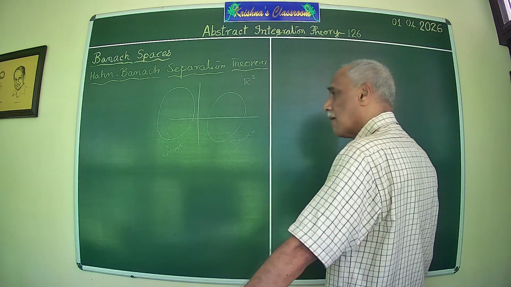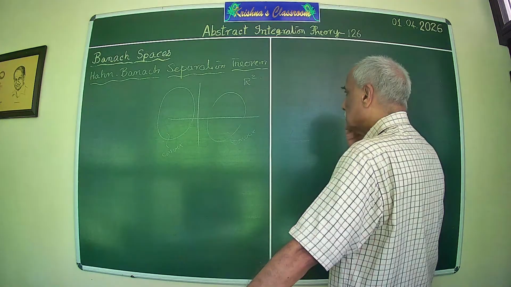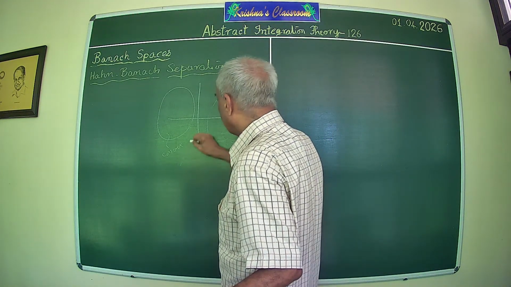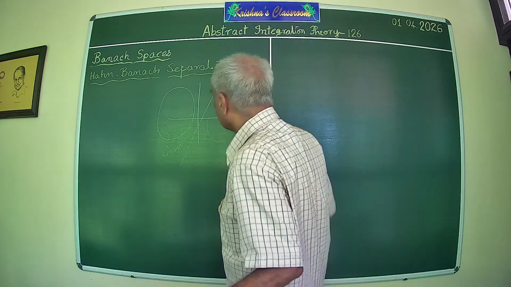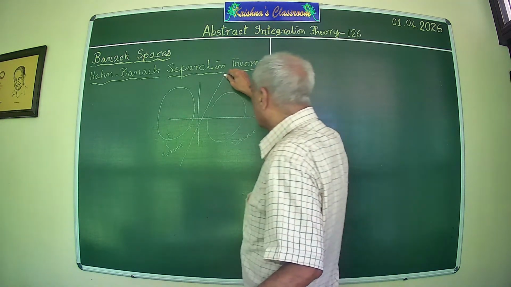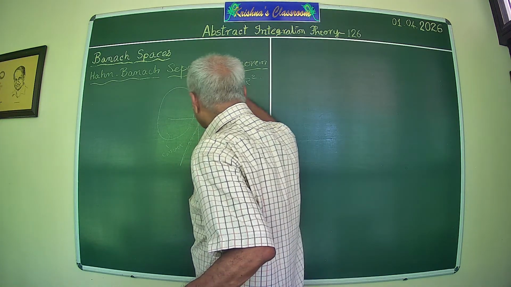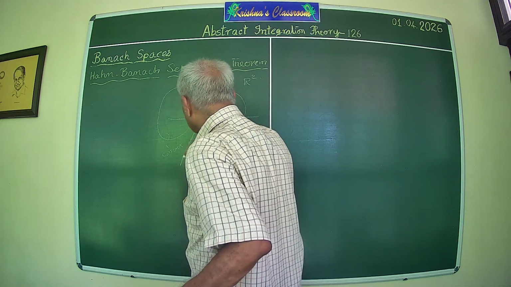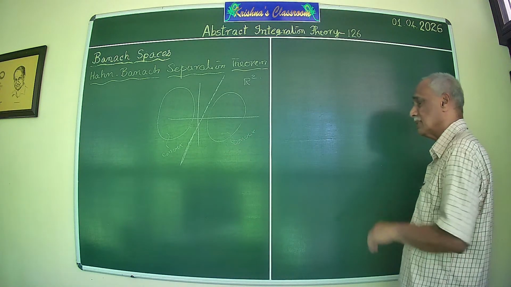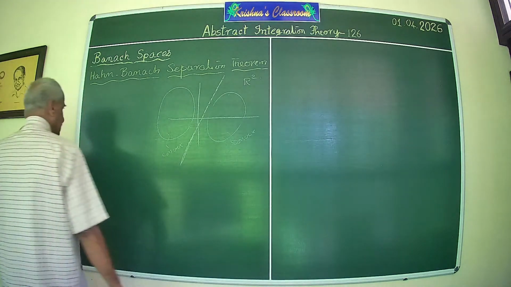Then what the theorem says is the following. There exists a hyperplane which separates the two regions. So this is the hyperplane. What is a hyperplane? A hyperplane is a hyperspace translated. It's a translation of a hyperspace. What's a hyperspace?